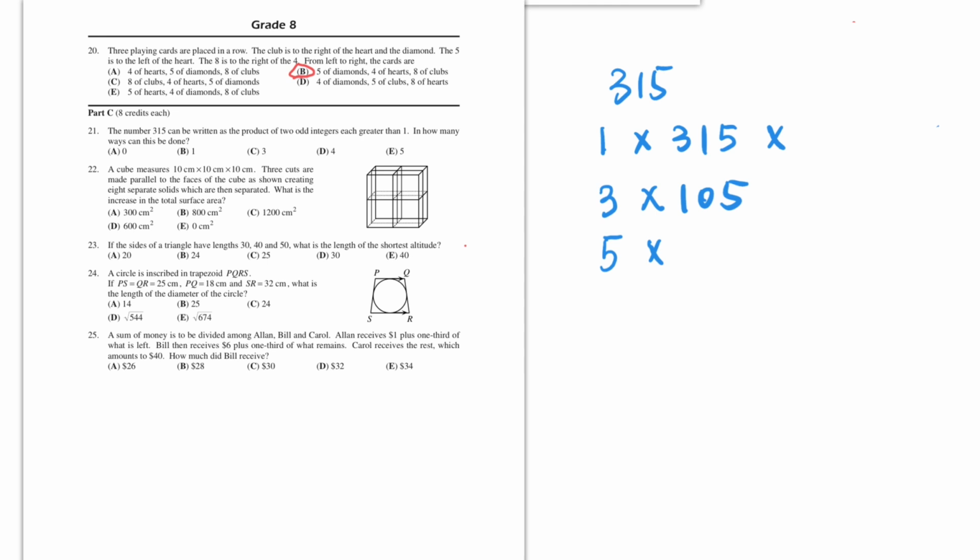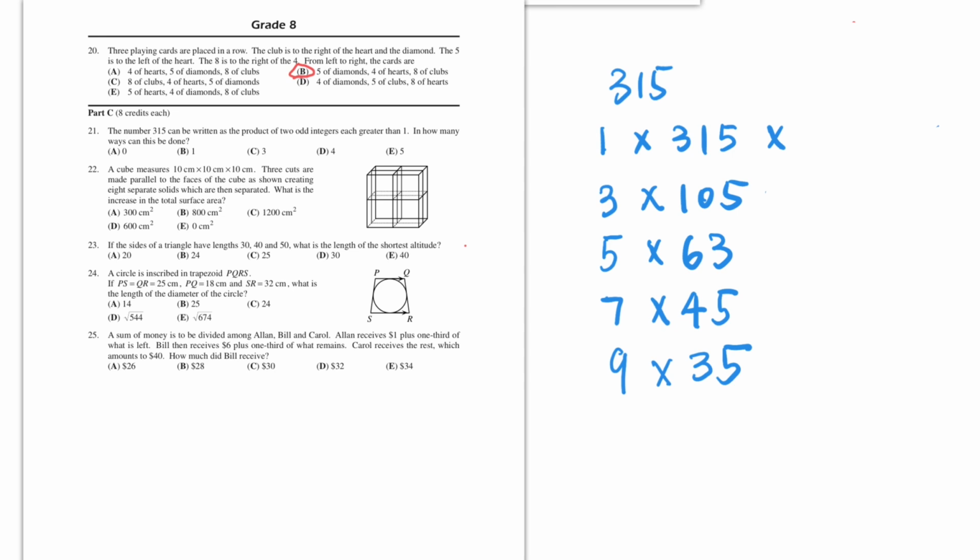5 times 63. And after 5, not divisible by 6, but it is divisible by 7. 7 times 45. And then another: 3 plus 1 plus 5 equals 9, it's divisible by 9. 9 times 35.